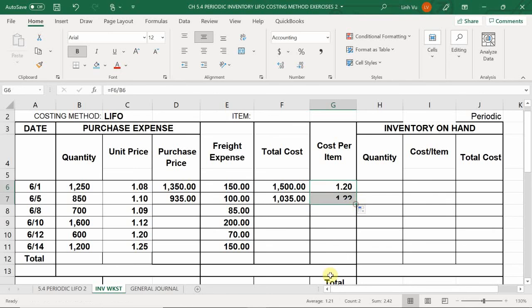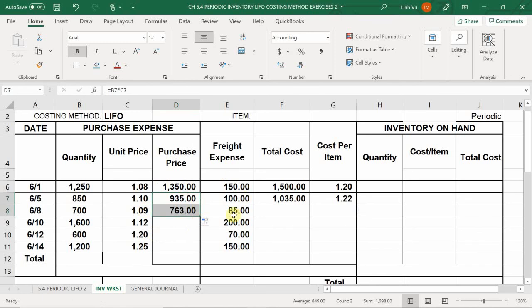Would it be 1.22? Yes, it is 1.22. Okay. Now on June 8th, I purchased 700 units at $1.09 each. What's my total purchase price here? $763.